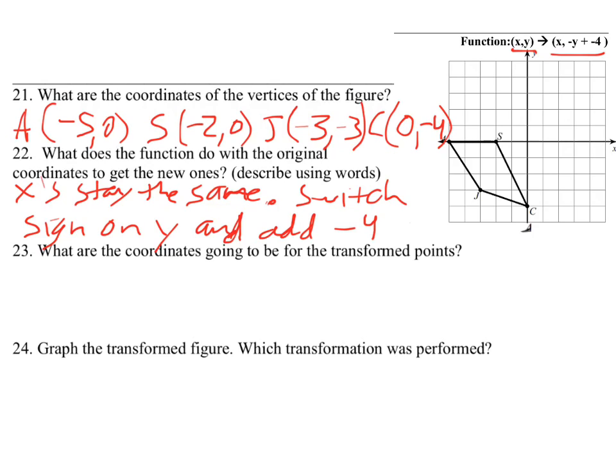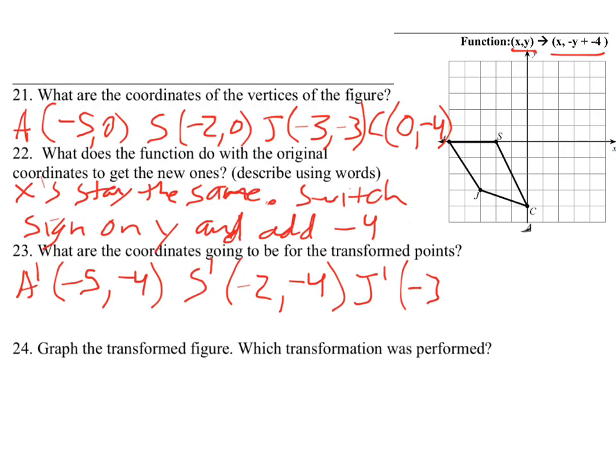So let's actually do that to these coordinates. A prime, x is going to stay the same. Change the sign on the 0, add negative 4. 0 plus negative 4 is negative 4. S prime, keep x the same. And then that one's going to have a similar new y coordinate there, because it started out the same as A. J prime, negative 3 stays the same.